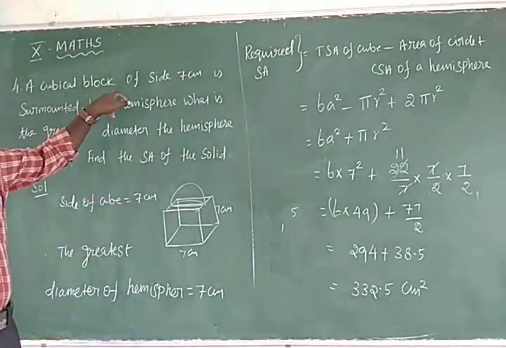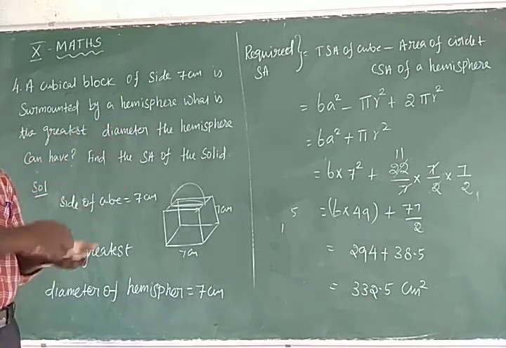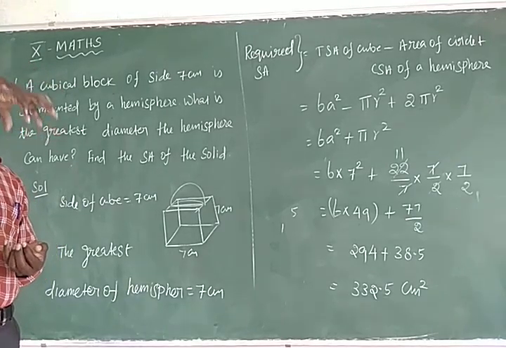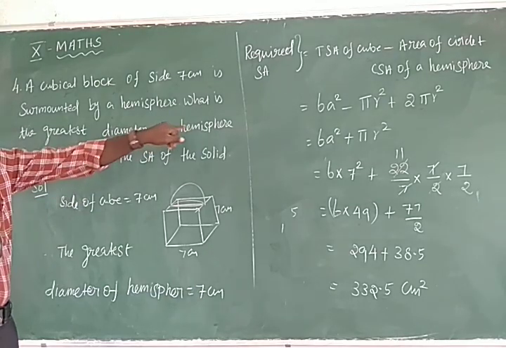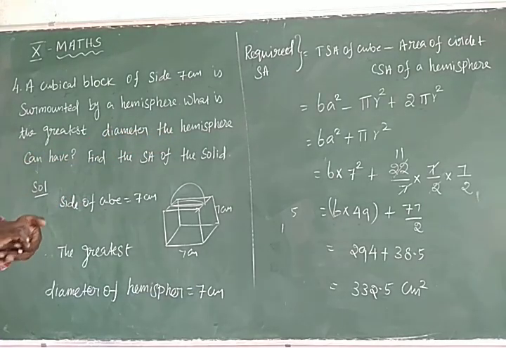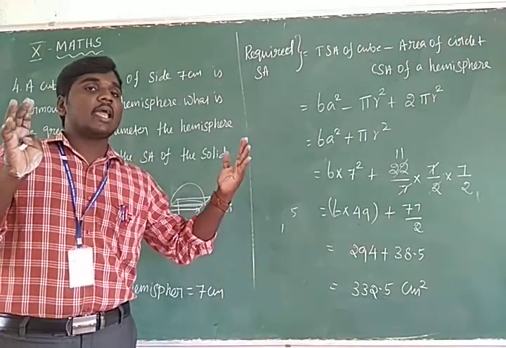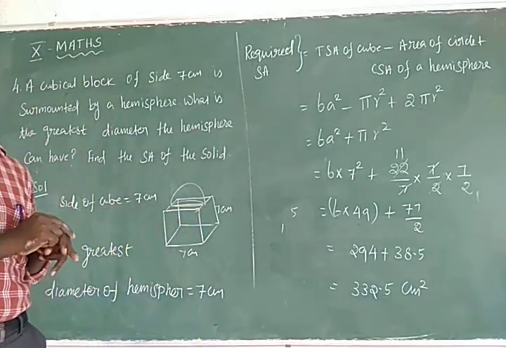A cubical block of side 7 centimeter is surmounted by a hemisphere. On the top of the cubical block, a hemisphere is surmounted. What is the greatest diameter the hemisphere can have? Maximum diameter can be 7 centimeter, because the side of the cube is equal to 7 centimeter only.